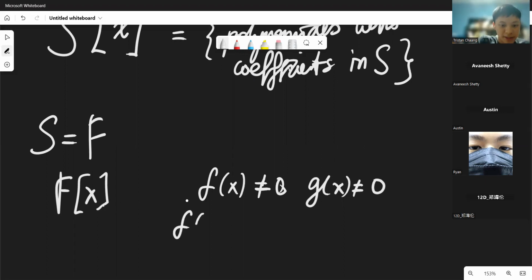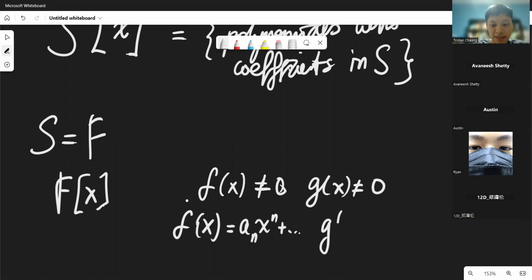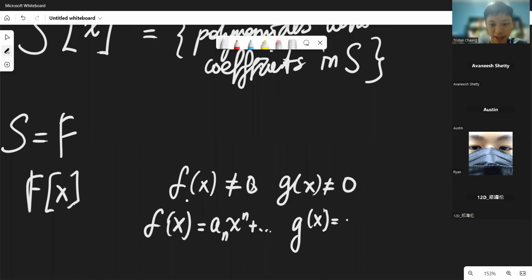So f(x) can be written, I will talk about the leading coefficient, as a_n x to the n plus blah blah blah. g(x), let's say the leading coefficient is b_m x to the m plus blah blah blah.